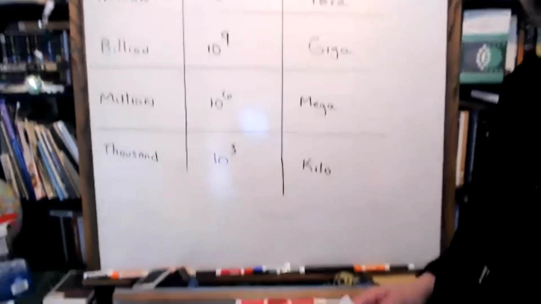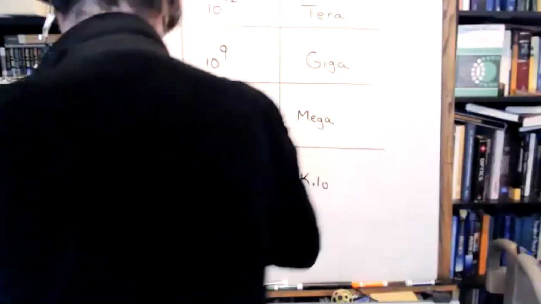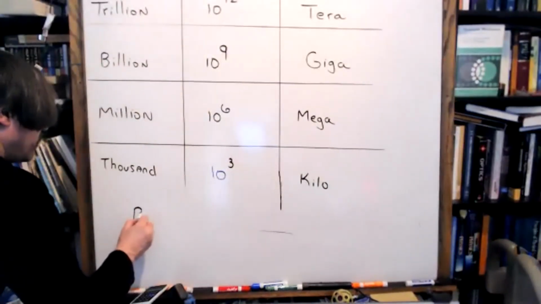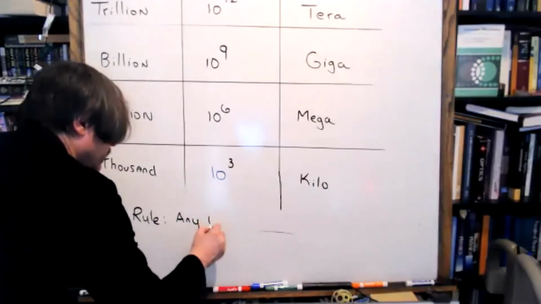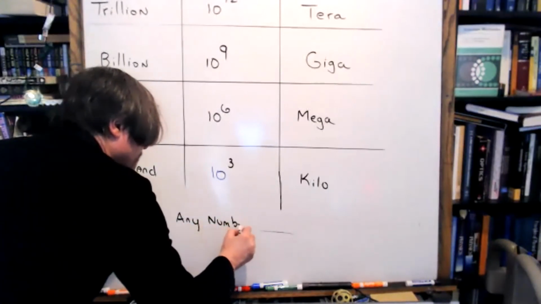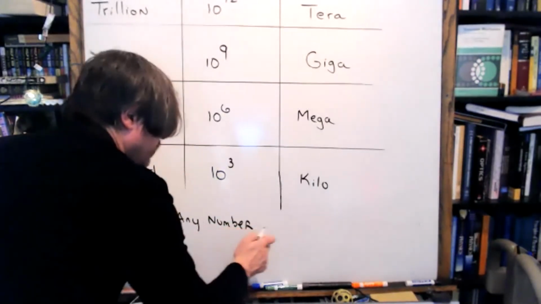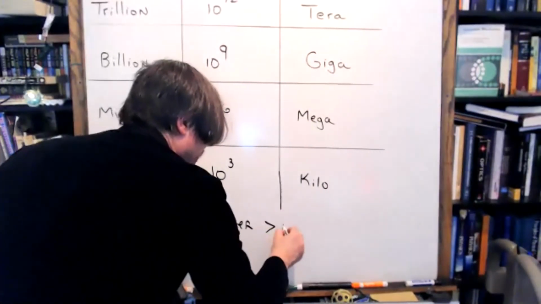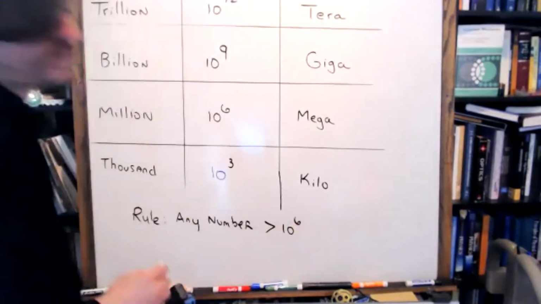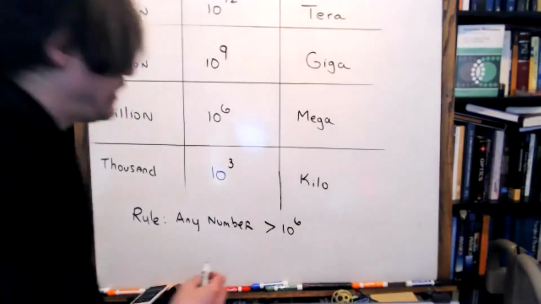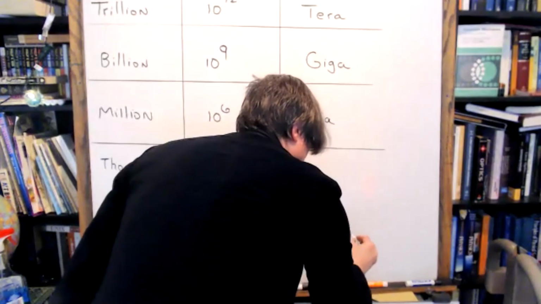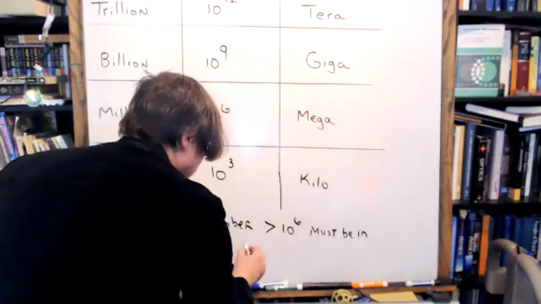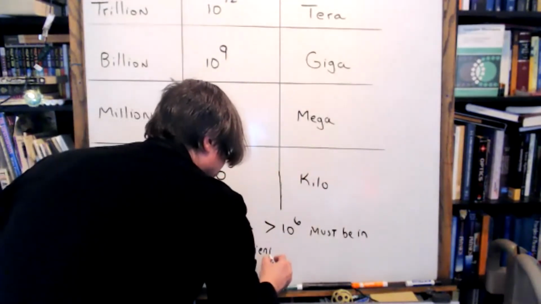From now on, we will have a rule in this class. And the rule will go like this. Any number which is greater than 1 million, any number greater than 10 to the power of 6, must be in scientific notation.